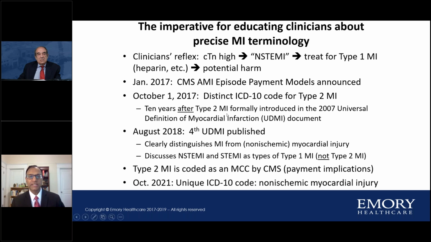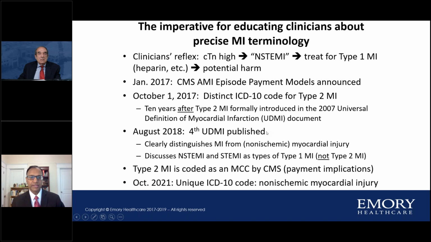In October of 2017, a distinct ICD-10 code for type 2 MI was introduced. And this occurred about 10 years after type 2 MI was formally introduced in the 2007 Universal Definition of MI document, which is a long time to translate a recommendation from a major guideline into practice.